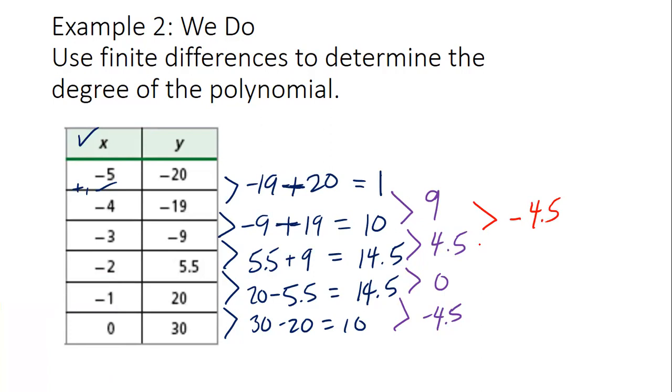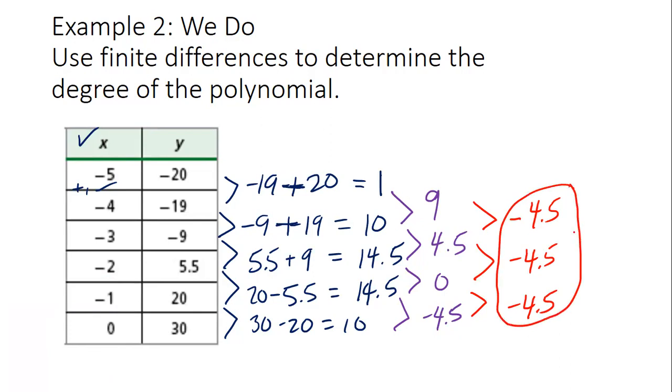Negative 4.5. 0 minus 4.5. Negative 4.5 minus 0. So what is it? It is a cubic, and our common difference is? So this is a third degree, which makes it a cubic. Doable? All right.